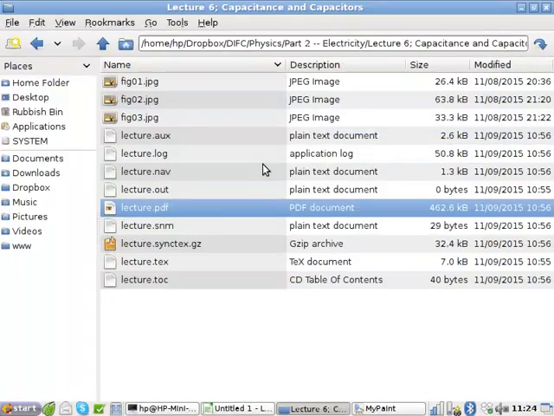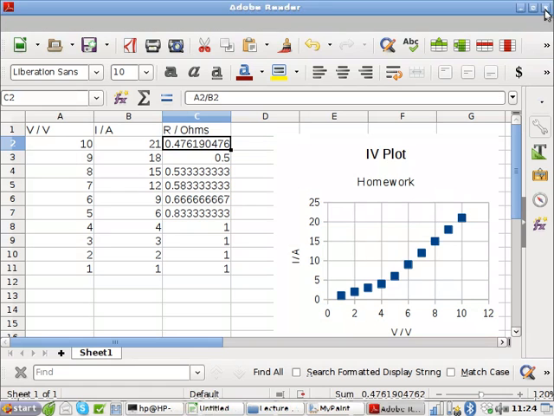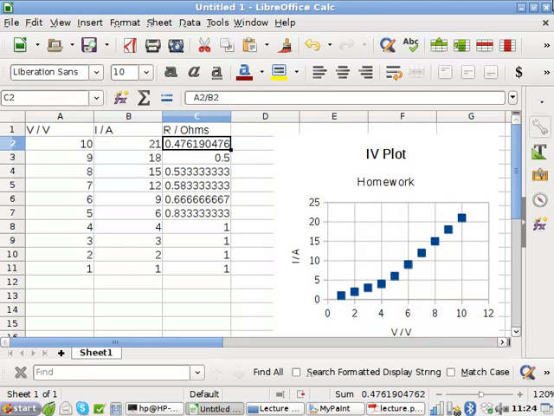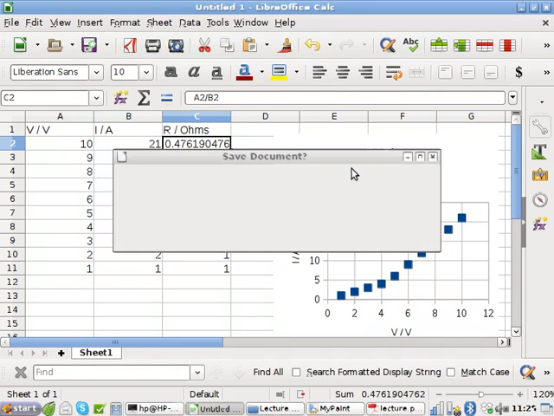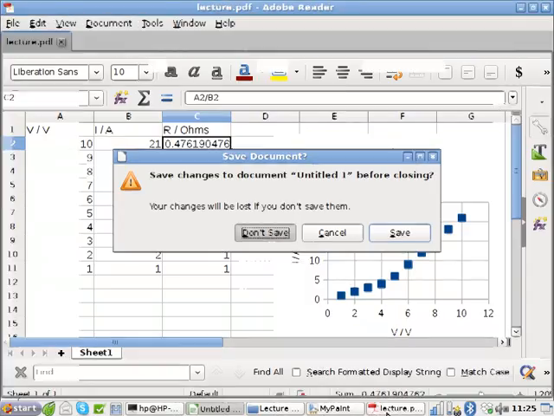Capacitance and capacitors. So I know I don't need this anymore. Right, there you go.